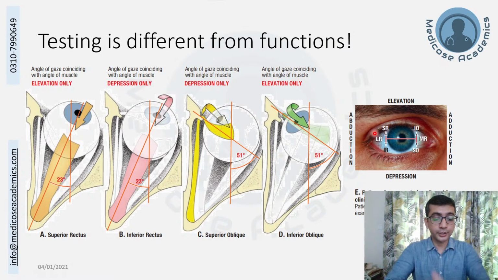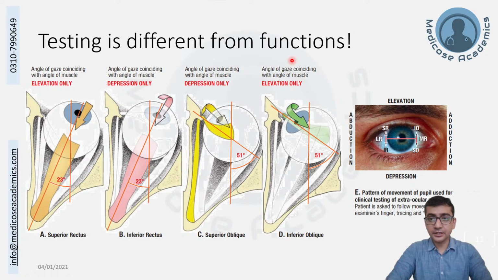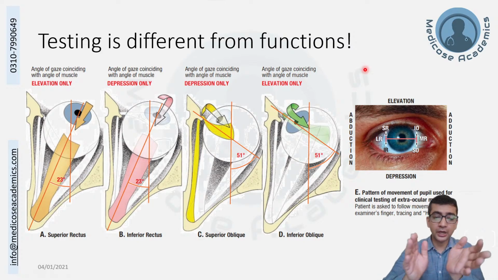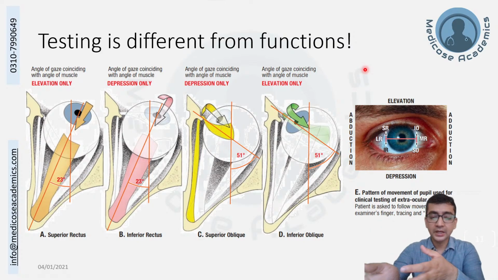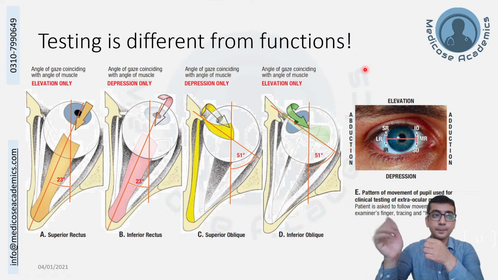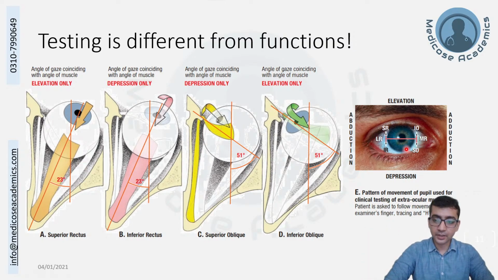And it is not due to the fact that we want to see the lateral moving function. It is due to the fact that when we ask the person to look laterally, the long axis of the eye becomes parallel to the long axis of the muscle. So that is why when checking the recti, we ask the person to look laterally and then look up and look down for the superior rectus and inferior rectus respectively.